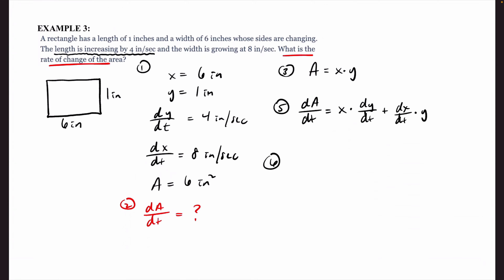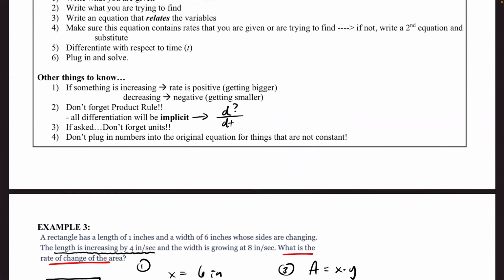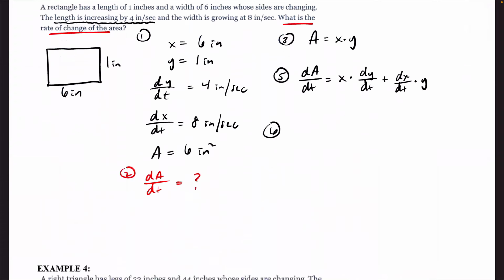Step 6, what does step 6 say? Step 6 says plug in and solve. Do I know what dA over dt is? No, that's the question mark. So dA over dt equals, do I know what x is? Yes, 6.